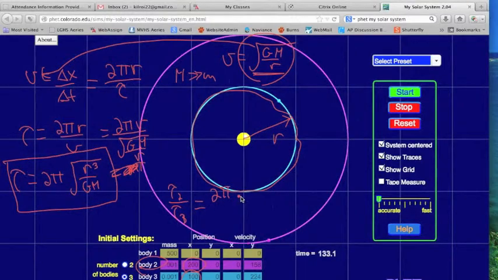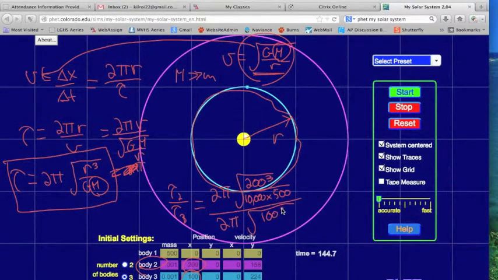So 2 pi square root of body 2's radius of 200 cubed over G, which is 10,000. You don't really have to put the numbers here because they're going to cancel. And then times big M. Notice it's big M here, right? Because it was big M here. Little m canceled out. And then body 3 is 2 pi square root of 100 cubed over 10,000.